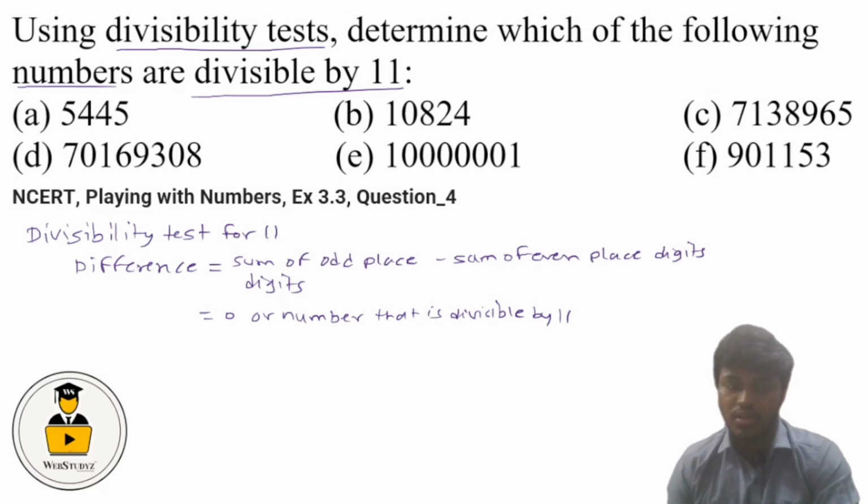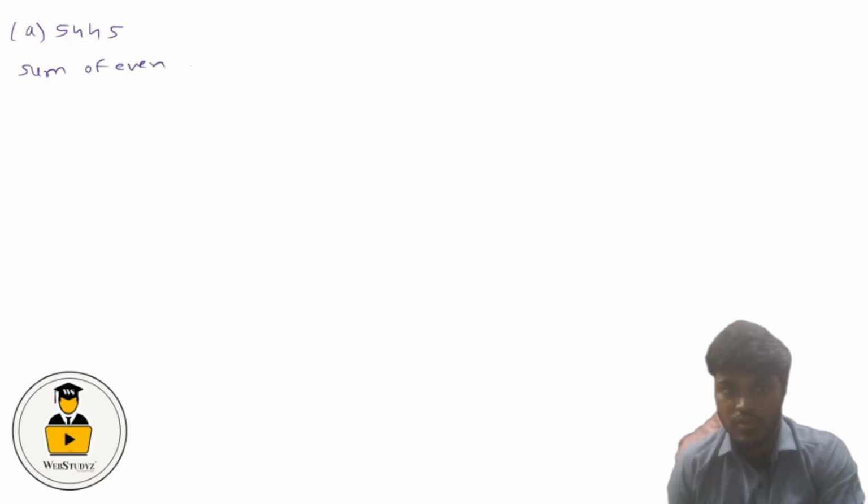So let us consider the first example. We have 5445. Let us find out the sum of odd places. It is 5 plus 4, which is 9, and sum of even places is again 4 plus 5, which is 9.